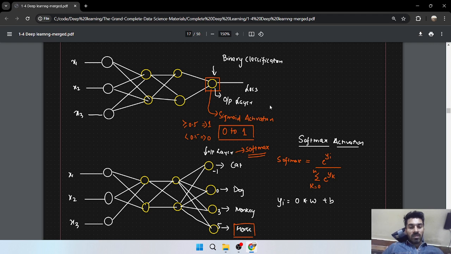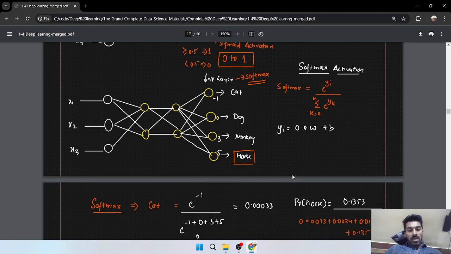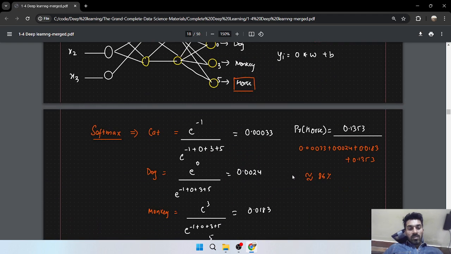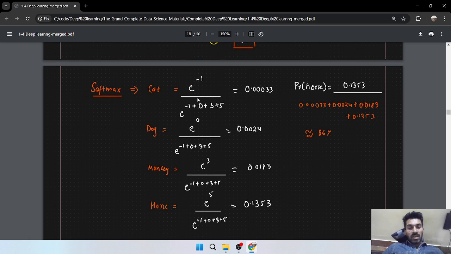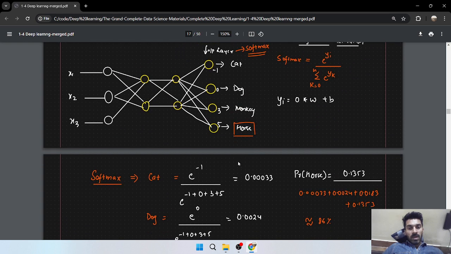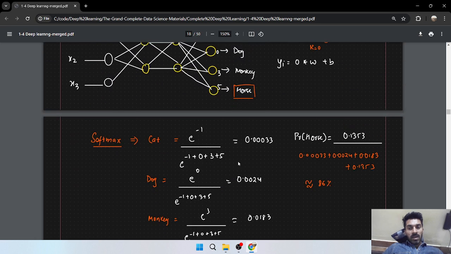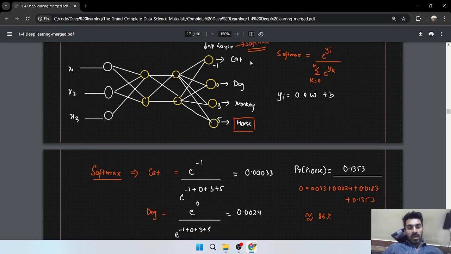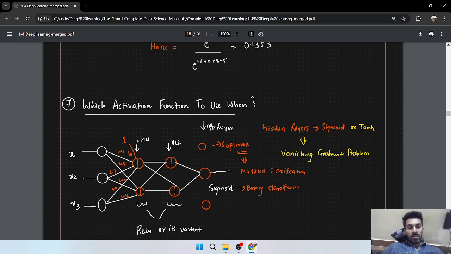The sigmoid is 1 upon 1 plus e raised to the power of minus x, but in softmax it is e raised to the power of y_i upon the summation of e raised to the power of y_i. So this is for softmax, and for cat, say, it is 0.035. This is the probability. It will give the probability of cat, dog, monkey, and horse.